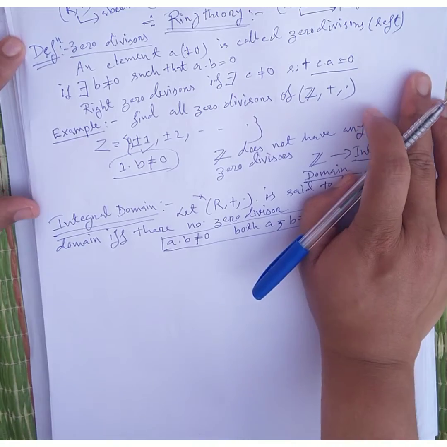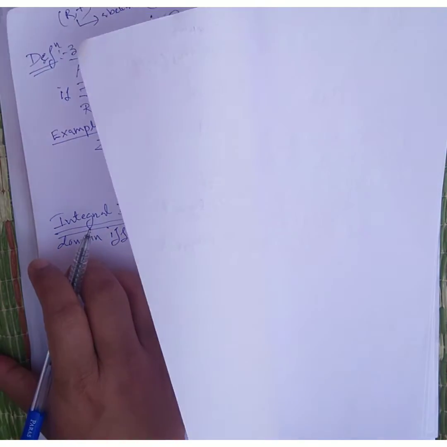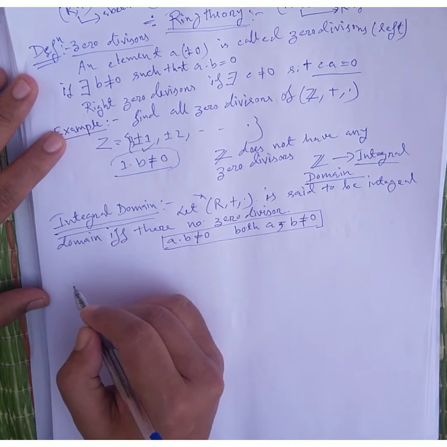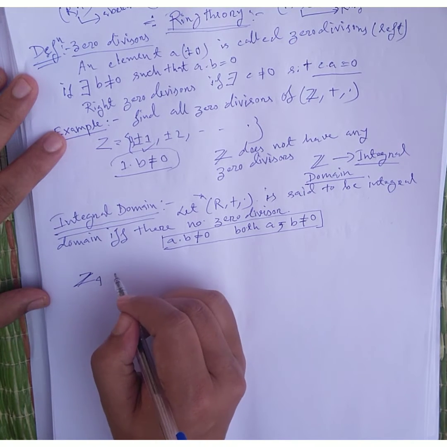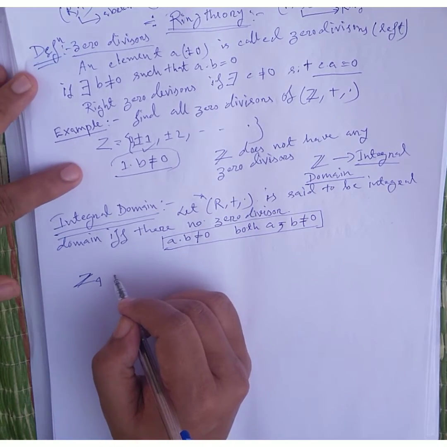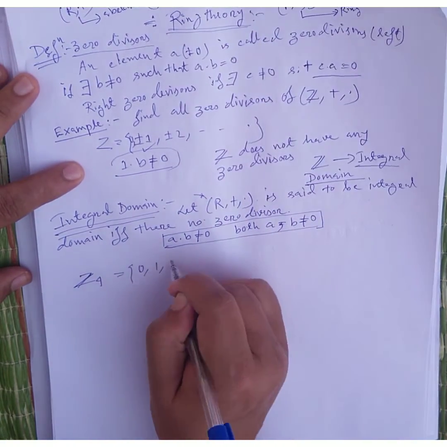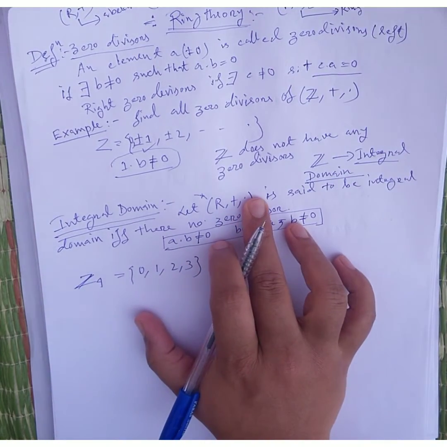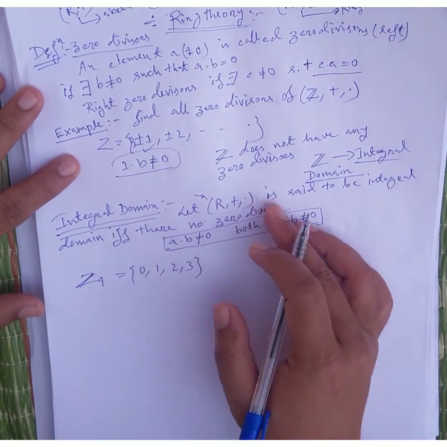And next I want to discuss Z4. The elements of Z4 are 0, 1, 2 and 3.